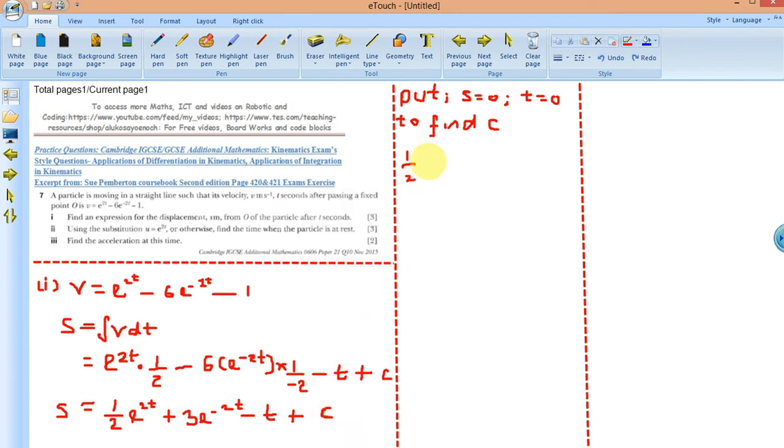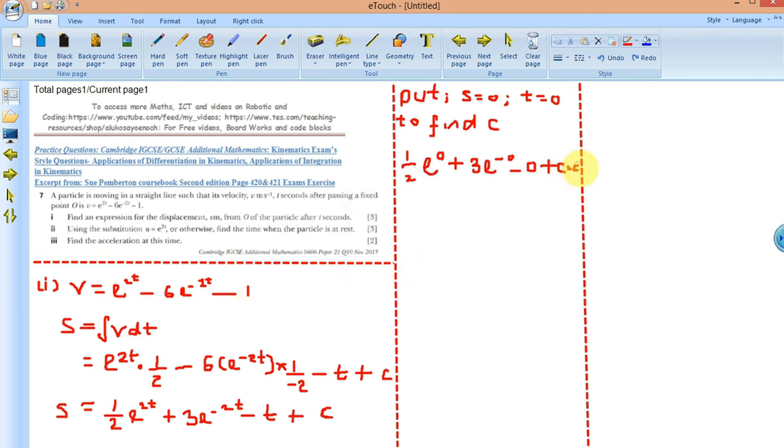So half times exponential 0, because 2 times 0 is 0, plus 3 exponential minus 0. Minus 0, no problem, just use your calculator. Minus 0, plus c, equals s, and s is 0.